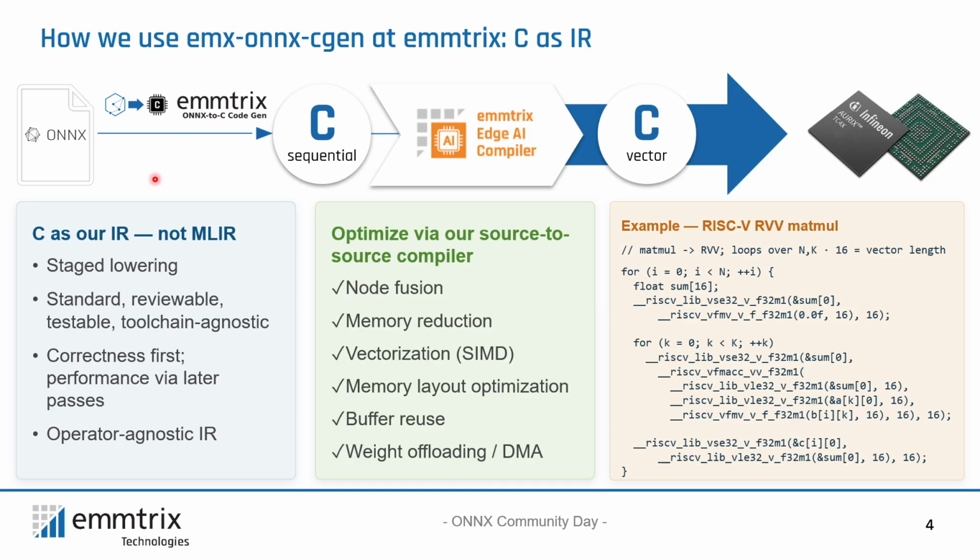So in principle, C is thereby our intermediate representation. It is comparable to MLIR, but it is not MLIR. It also has a staged lowering process, but it relies on a standard, C. That means every intermediate step is testable, reviewable, and toolchain agnostic.